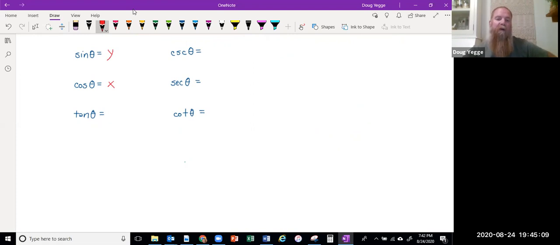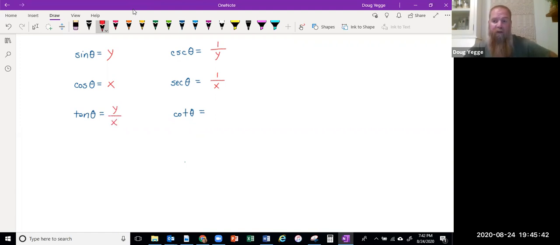But notice that if we already know sine of theta and cosine of theta, we know by the reciprocal identities that cosecant theta is the reciprocal of sine. So now we just have to take the reciprocal of the y coordinate. In order to find secant of theta, we simply have to take the reciprocal of the x coordinate. And since tangent of theta is equal to sine theta over cosine theta by using the quotient identity, I can see that tangent of theta is just y over x.